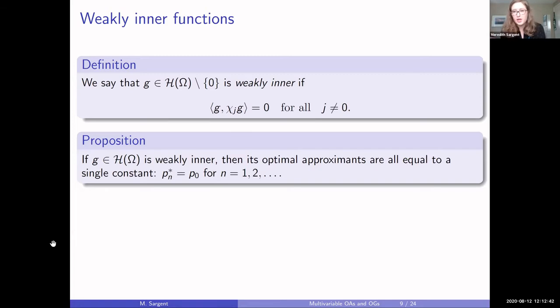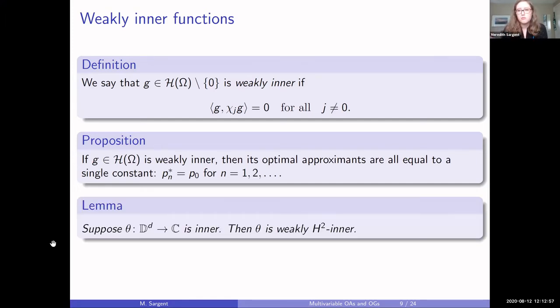Now, if it's weakly inner, it turns out that all of its optimal approximants are just going to be equal to that first term. So Pn is going to be P0 for all of them. And nicely, if a function is inner, then it's weakly H2 inner.